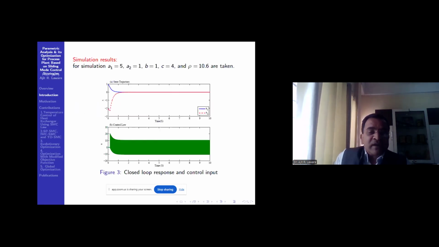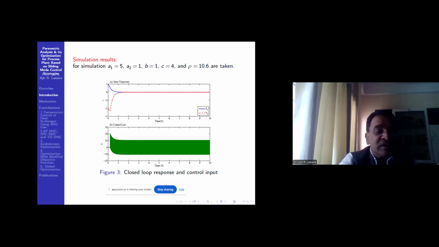If you observe the system states or system trajectory, x1 and x2, they are approaching zero, which shows the stability of the closed loop control system. Coming to the second diagram, that is u, the controller output, an initial very sharp peak or very sharp switching takes place, up to 20 units.